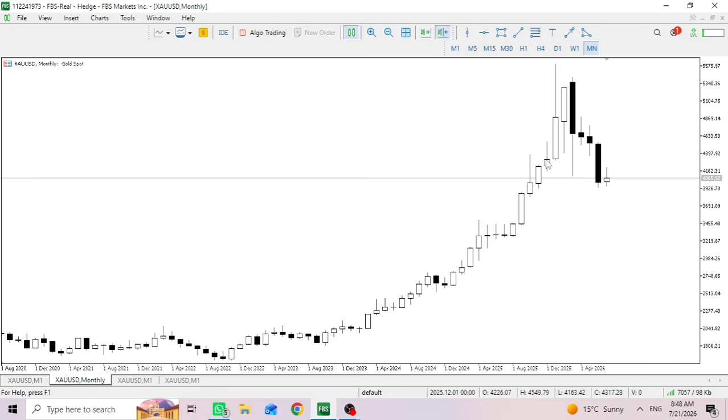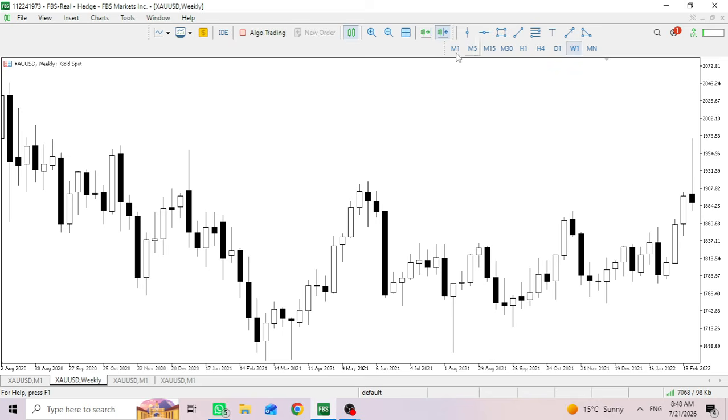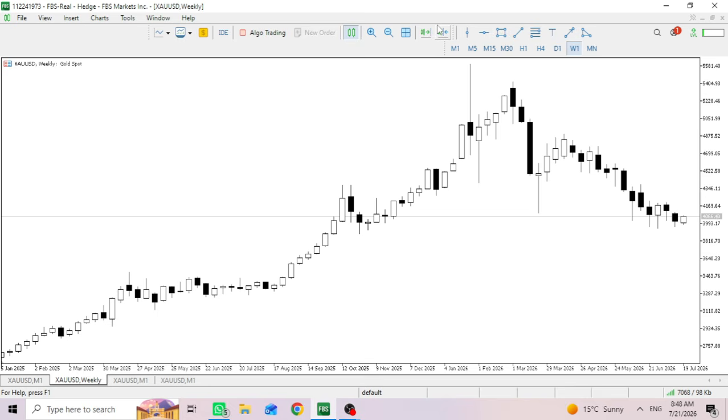Now get out of the monthly time frame. Now you go to the previous week's low and high. Its high and low are places where, if the market taps there, it will alter the market speed.